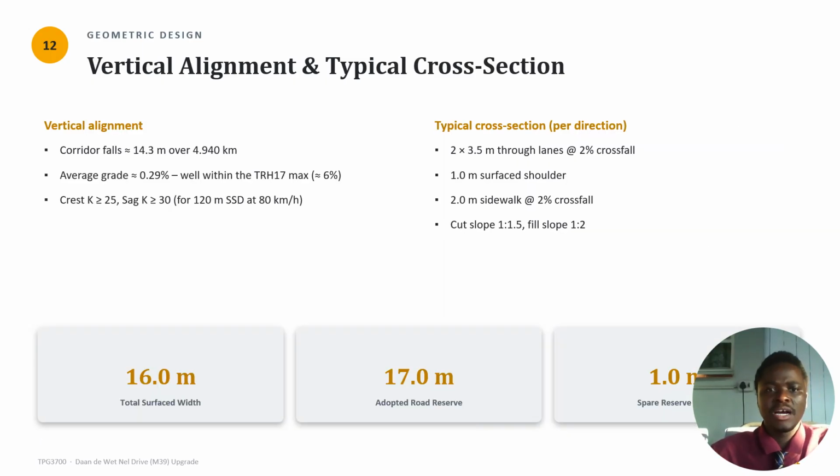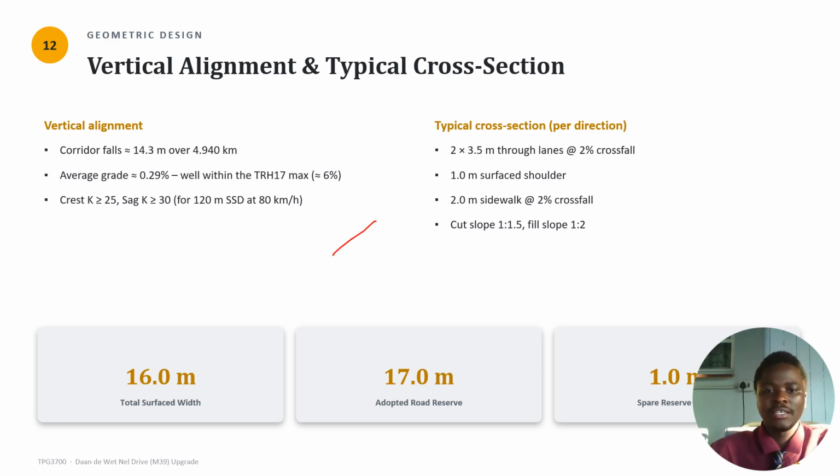And also my vertical alignment and my typical cross section. My vertical alignment, my cross fall is within 14.3 meters over 4.94 kilometers, and my crest K is above 25 and sag K is above 35 for 120 SSD, which is stopping sight distance, at 80 kilometers per hour.